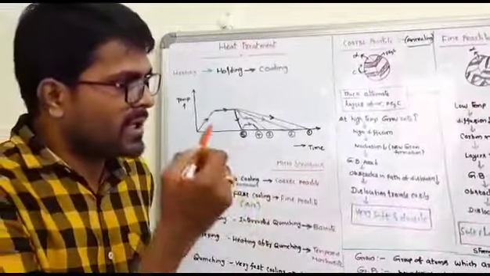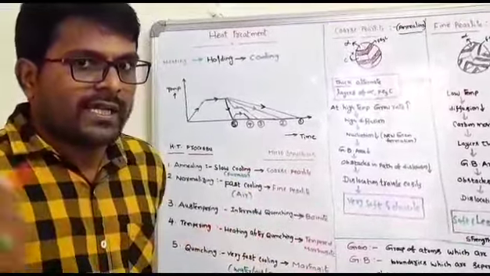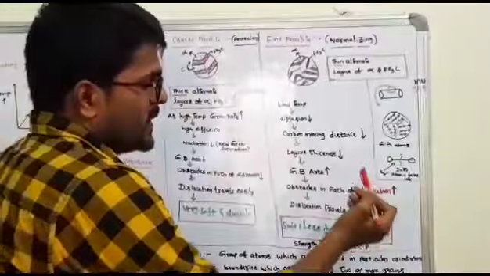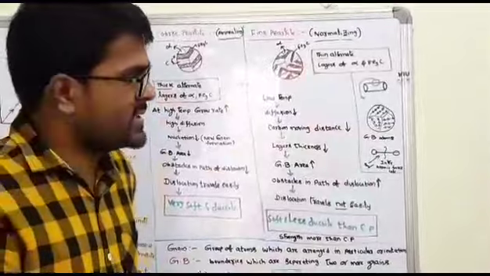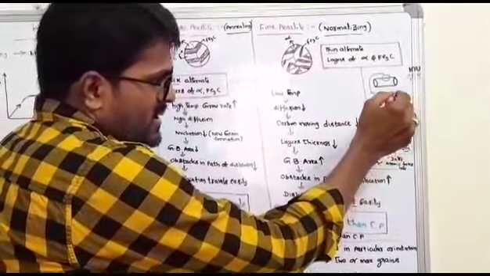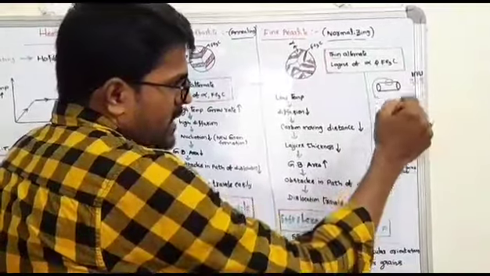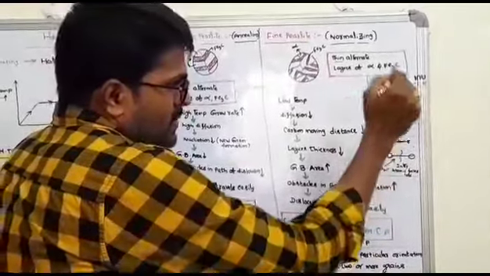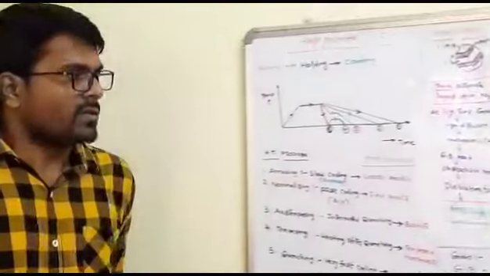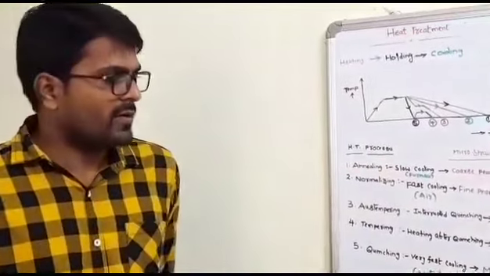Because the interatomic forces are less, any foreign particle comes, for example atmospheric oxygen, and it will cause corrosion. To avoid this, what do we have to do?